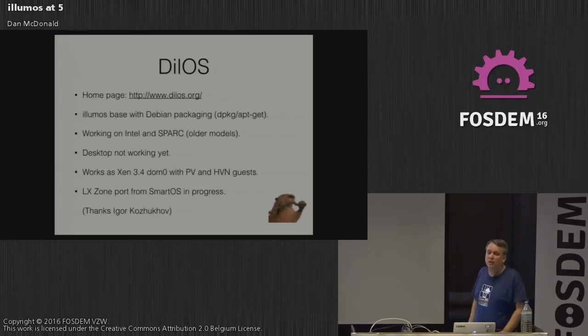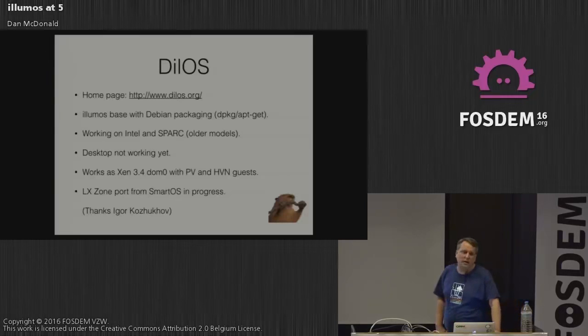Igor Kozakov is working on a Debian-packaged distro, which has desktop support in it, called Dilos, and he's hardcore. He also has some Xen work going on in there too, which is very, very interesting. He's also working on the LX zone port from SmartOS.